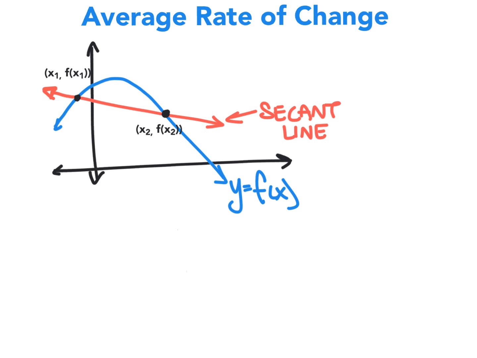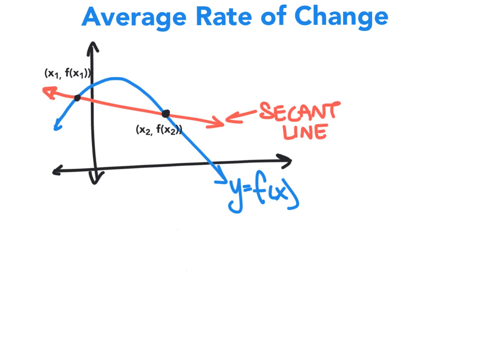In algebra, you learned that the slope between any two points on the graph of a linear function, so a line, represents a constant rate of change. But for nonlinear functions such as this, the slope changes between different pairs of points. So we can only talk about the average rate of change between two points.